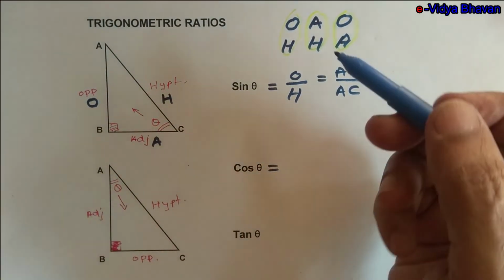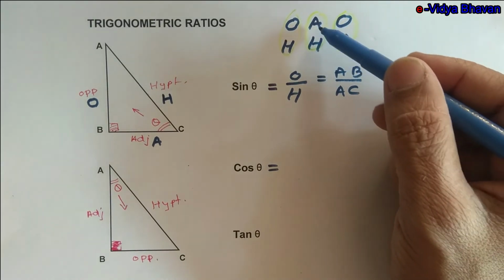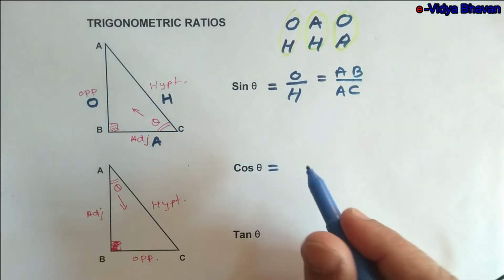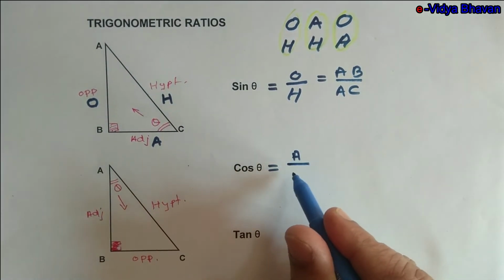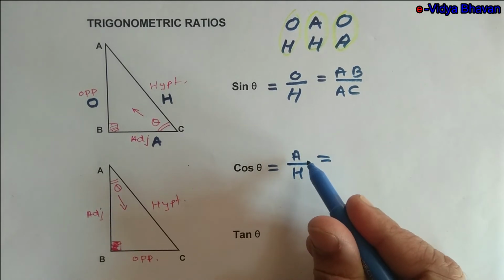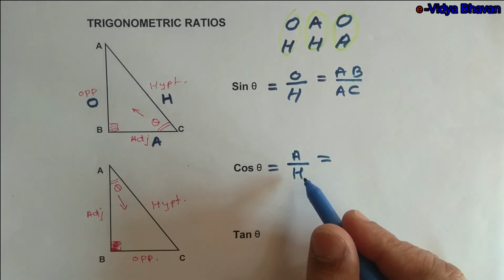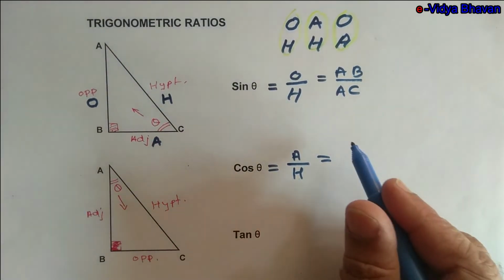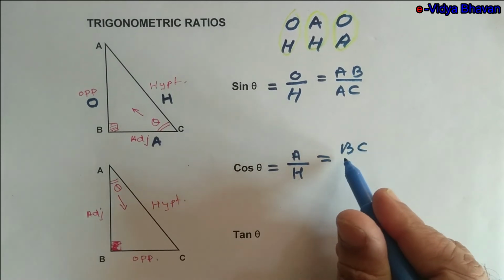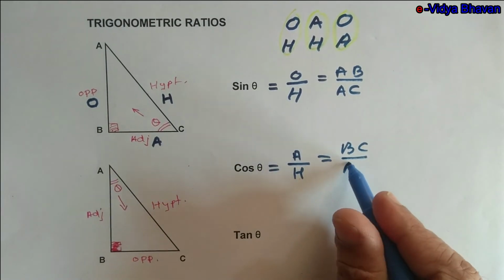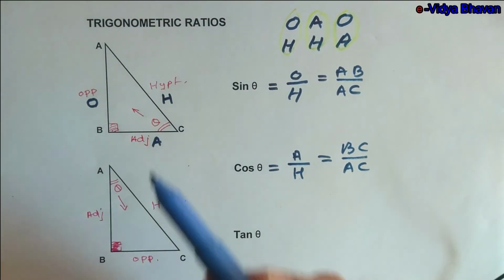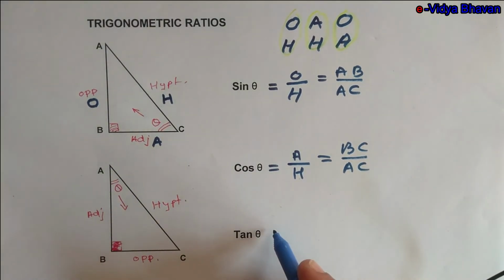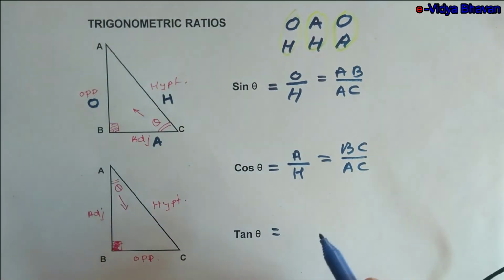Cos theta, you will take the second term, A upon H, that is adjacent upon hypotenuse. Here adjacent is BC and hypotenuse is AC. In the third case, you will take tan theta equal to O upon A.